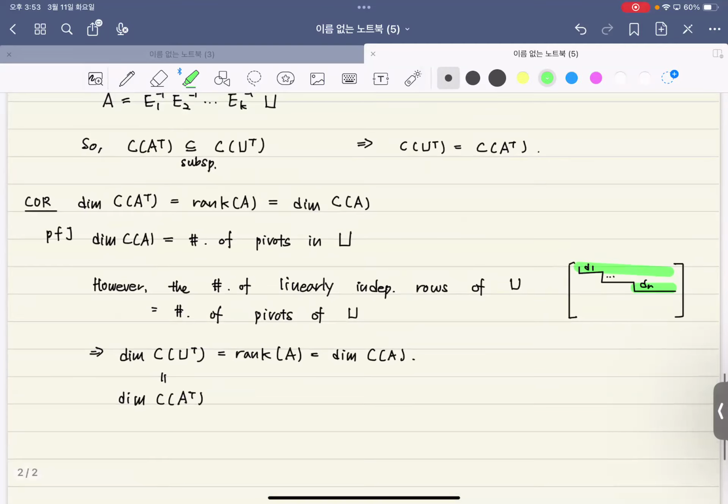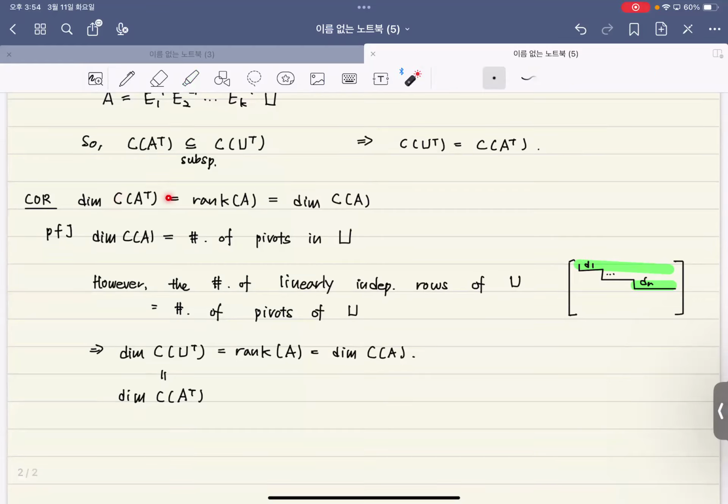Now, this very easy corollary leads us to another very surprising result. What is that?